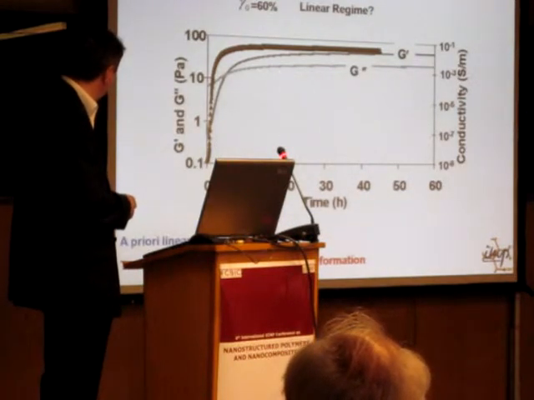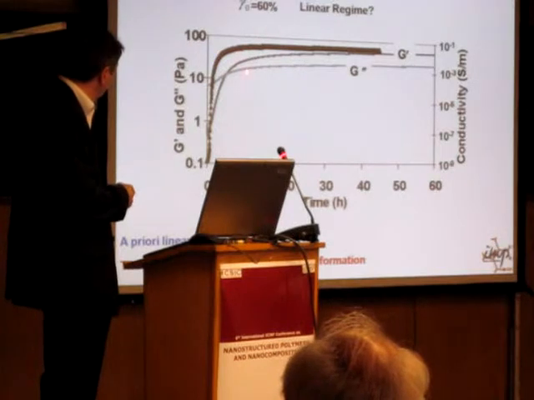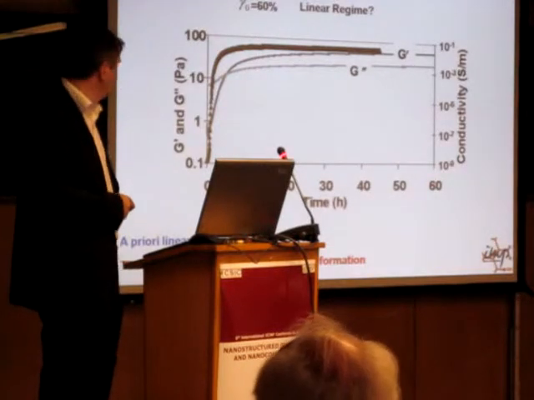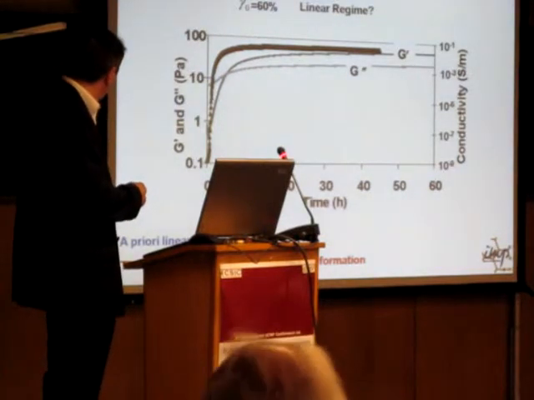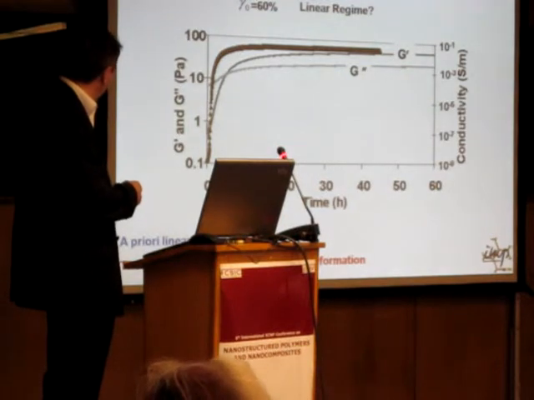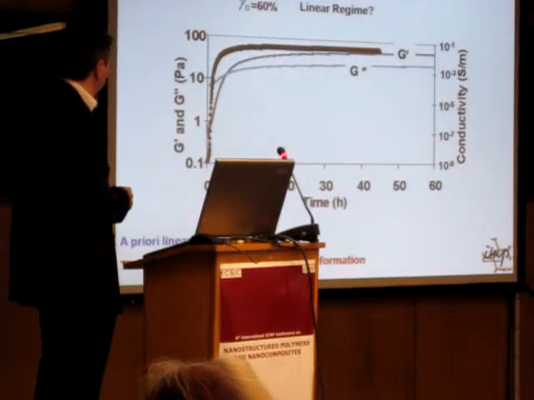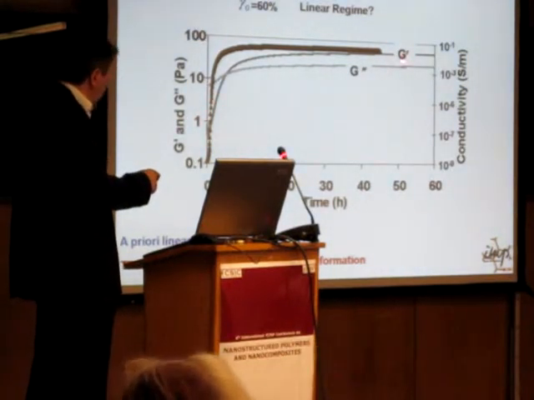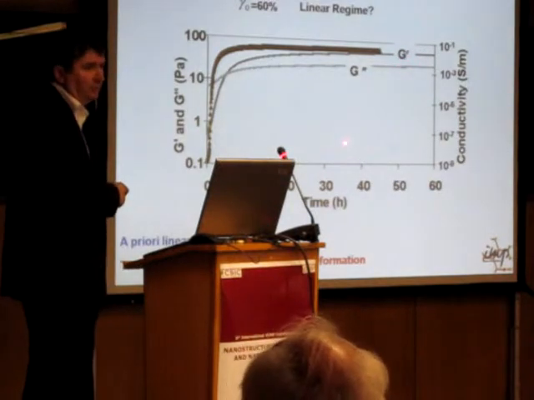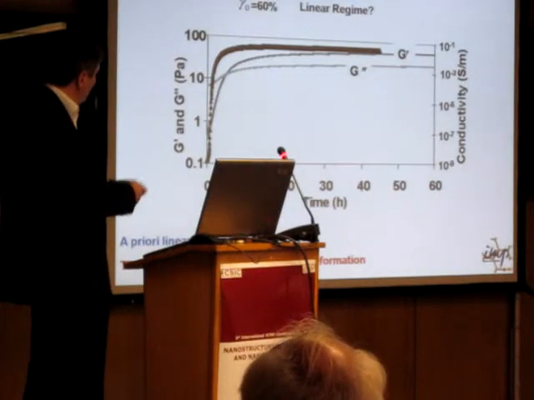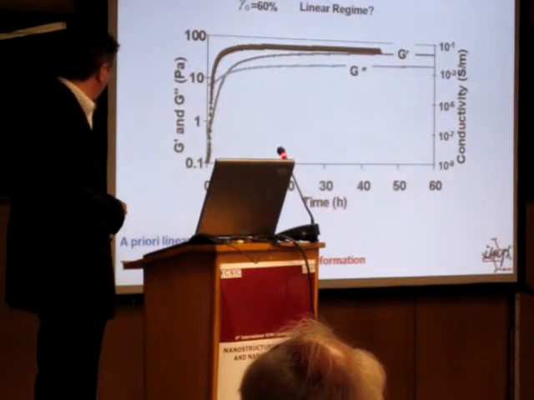The typical time is about 10 hours. And you can see also the variation of G prime. Here you have a liquid viscoelastic behavior: G prime is lower than G double prime. And here you have elastic behavior because G prime is higher than G double prime.